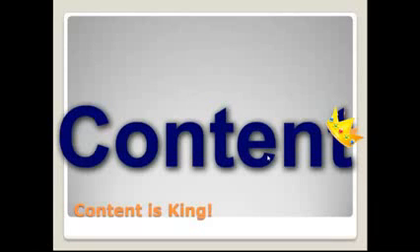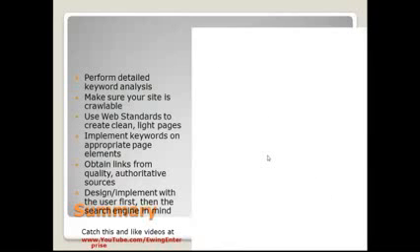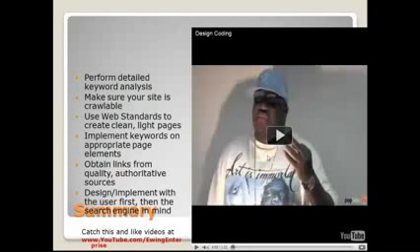So the next subject is content, and content is king. So: performing a detailed analysis on keywords, making sure your site is crawlable, using web standards to create clean, light pages, implementing keywords on appropriate page elements, obtaining links from quality authoritative sources, and designing and implementing for the users first, then the search engine second.